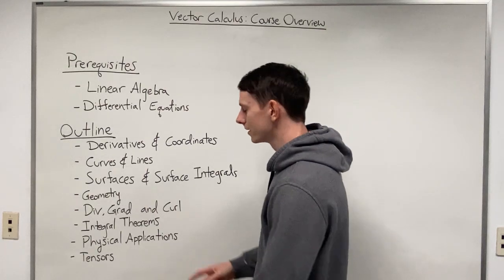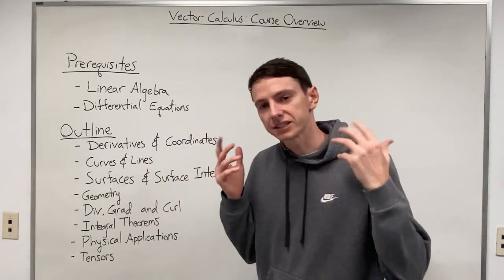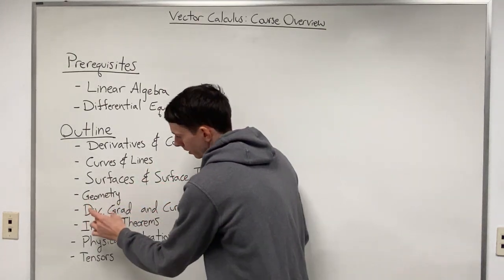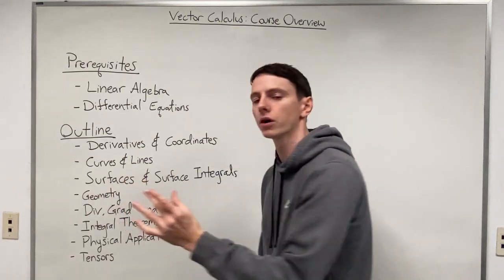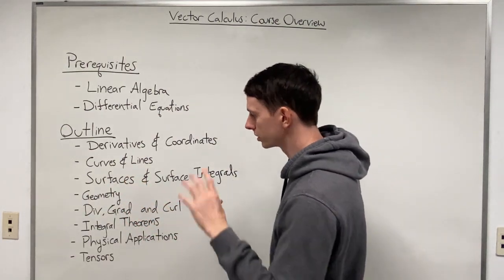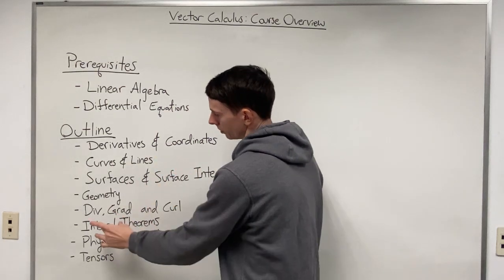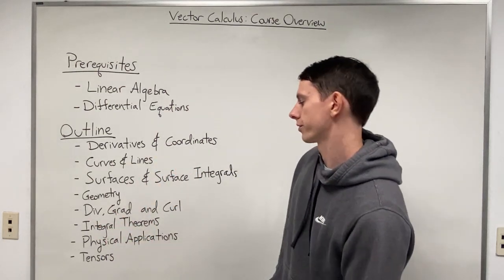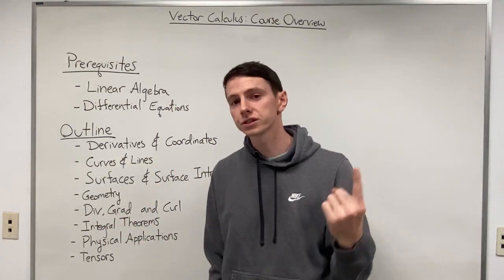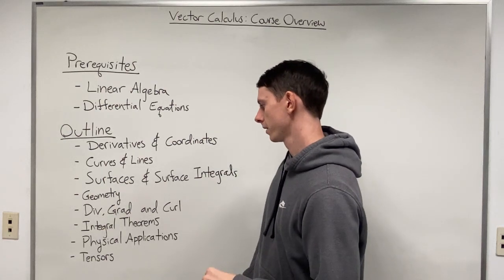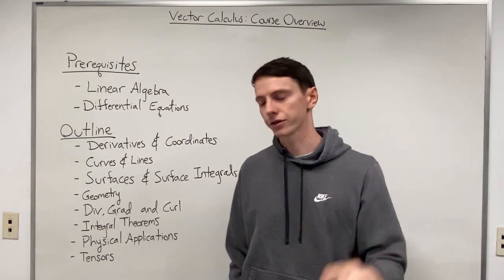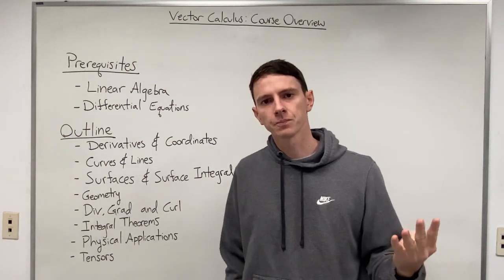Okay. Then once we have a good conceptual understanding of what the gradient, divergence, and curl are as these operators, we're going to apply those operators in various integral theorems. So we're going to be looking at theorems called the divergence theorem, Stokes' theorem, Green's identities. I think we'll look at the continuity equation in there as well.